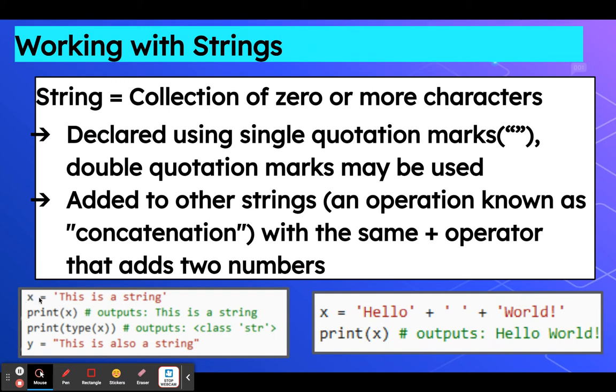So x equals 'this is a string', and when you print x, it outputs 'this is a string'. Here we have x equals 'hello' plus a string plus 'world', and then you print, and it outputs hello world.